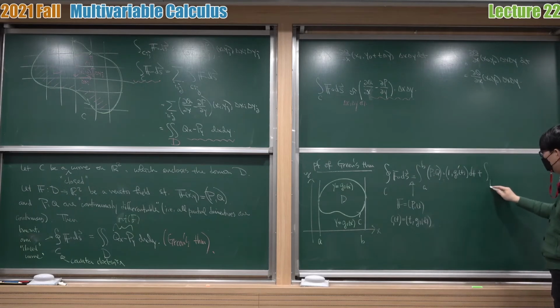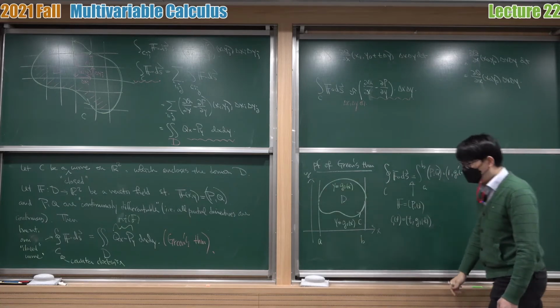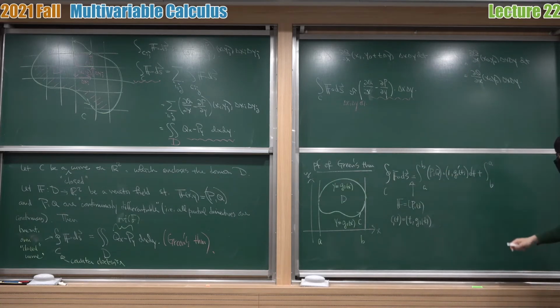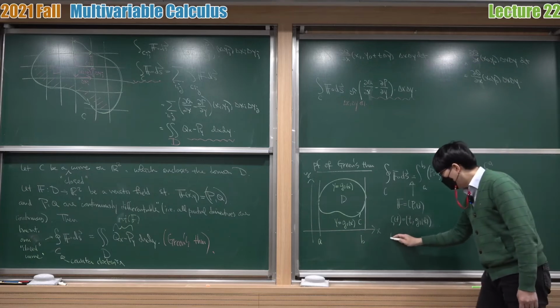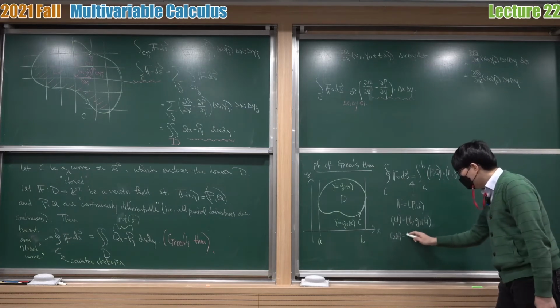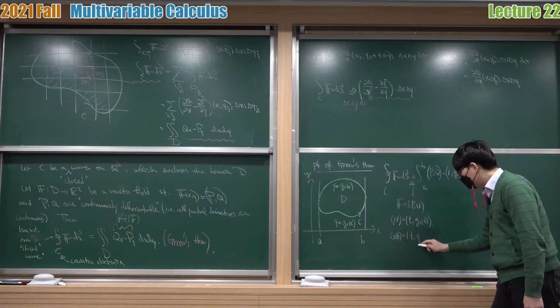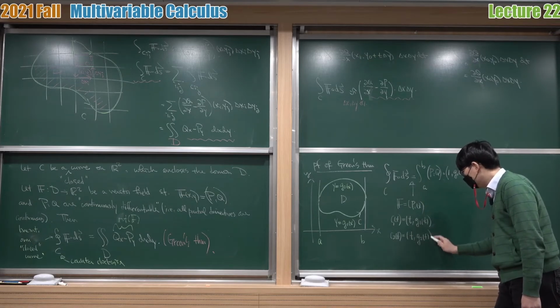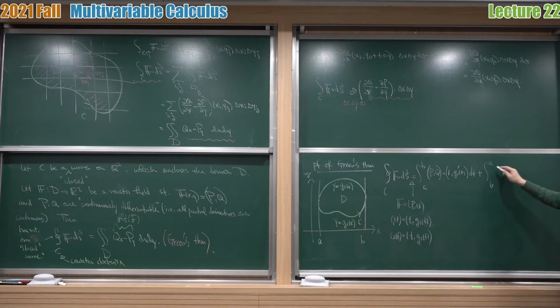That gives x from b to a instead of a to b, because I'm moving in the counterclockwise direction. Then I'm going to use my parameterization C2(t), which is (t, g2(t)), and it's going to be (P, Q) inner product (1, g2 prime of t) dt.